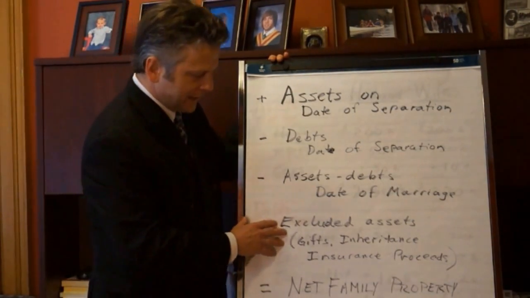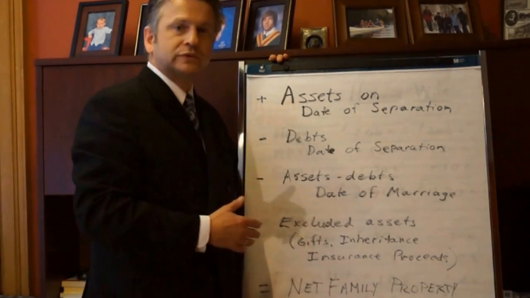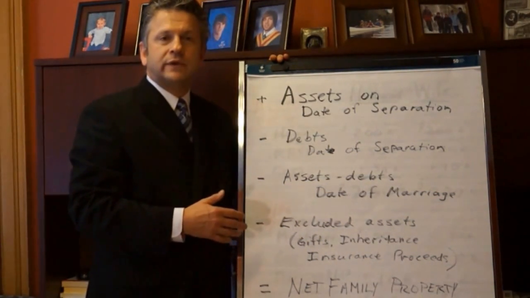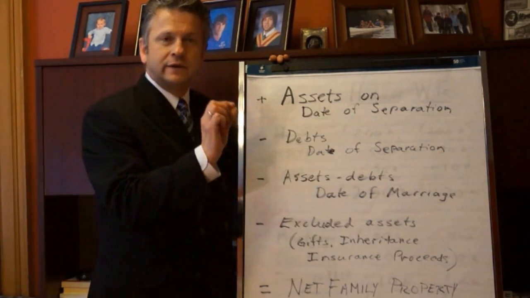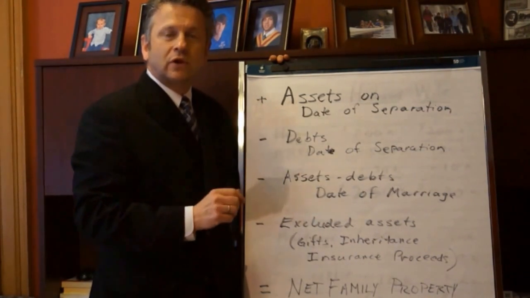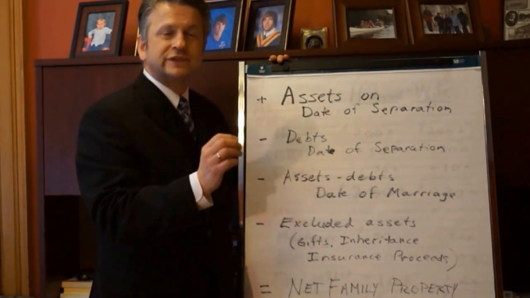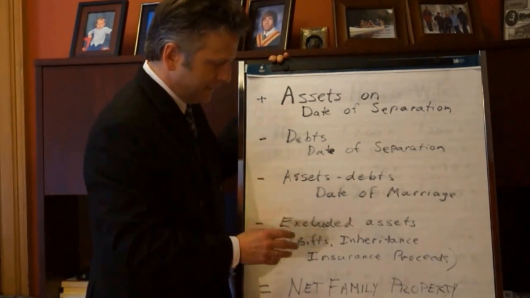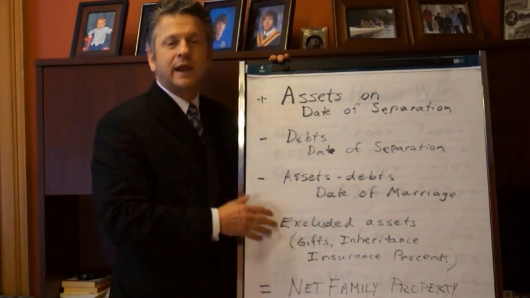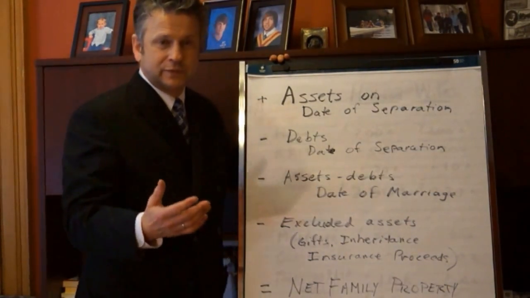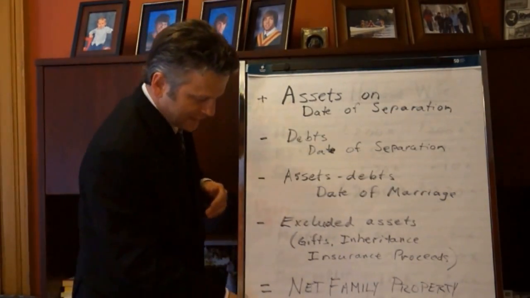Lastly, you exclude any excluded assets such as gifts or inheritances or proceeds from a personal injury that are still in existence on the date of separation and are in a discrete piece of property or account. So it's kept separate. That determines each party's net family property number, and then those numbers are equalized by way of a payment of money. So let me give you an example here.